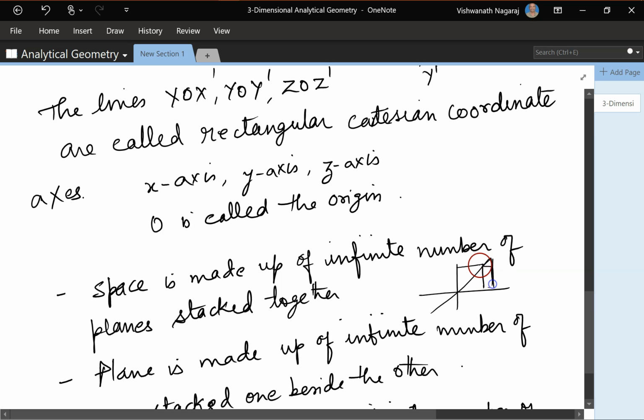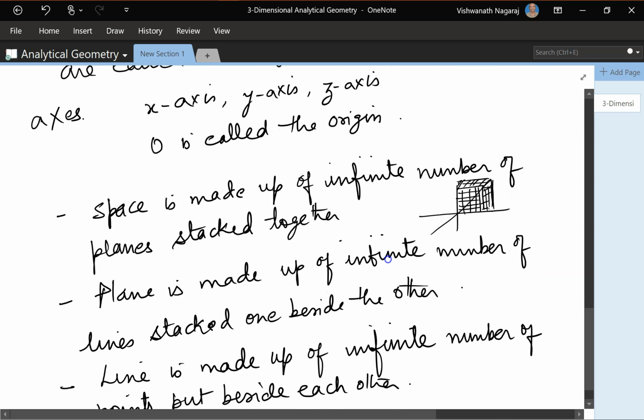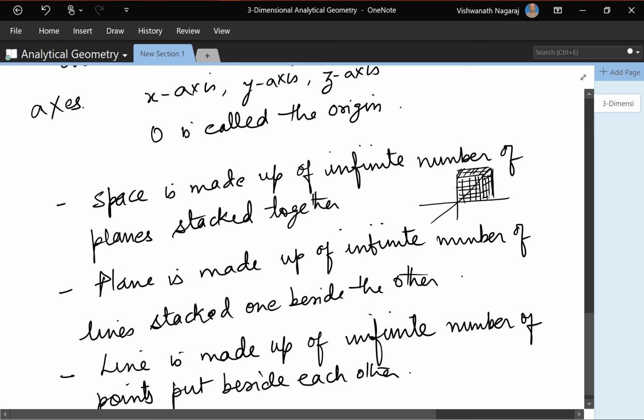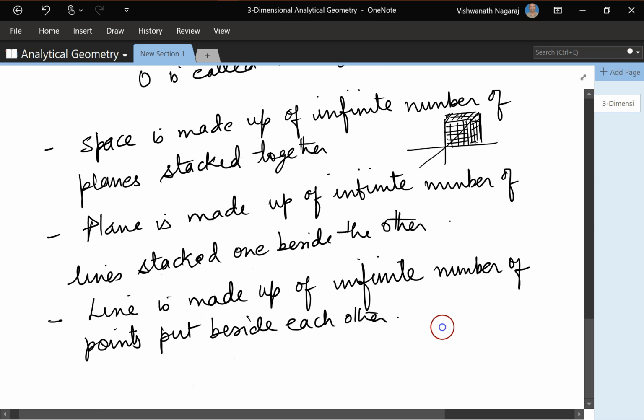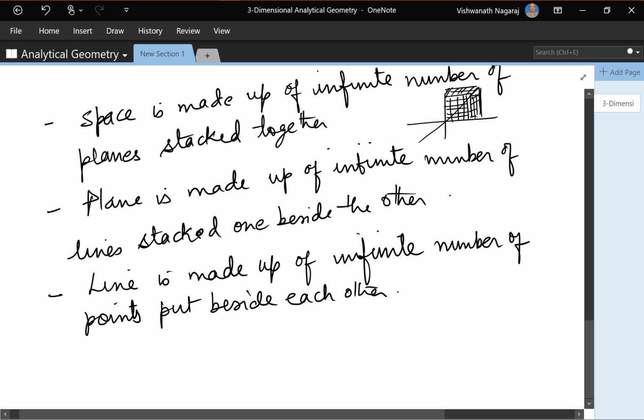Okay, let's take it like this. So it is in 3 dimensions. So it's as good as saying boxes stacked on each other in all directions. Whereas here, think of it like our graph paper, right? So we have lines like this and also lines like this. Whereas here it is just points.